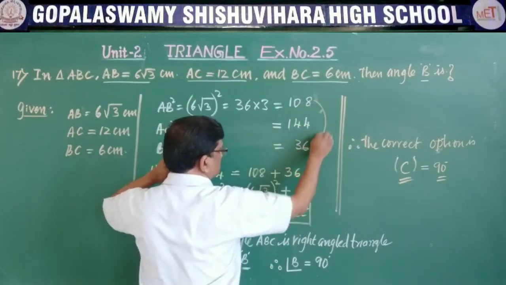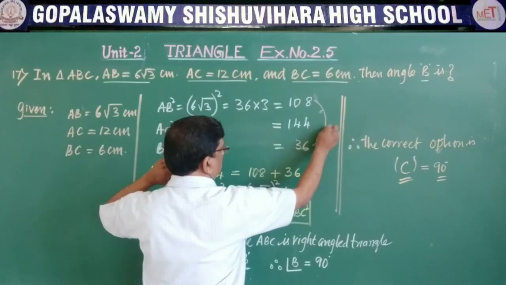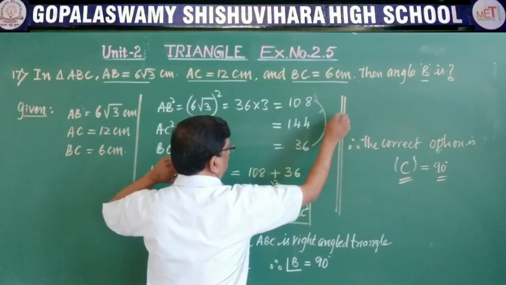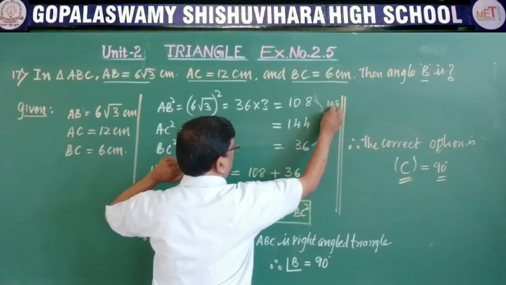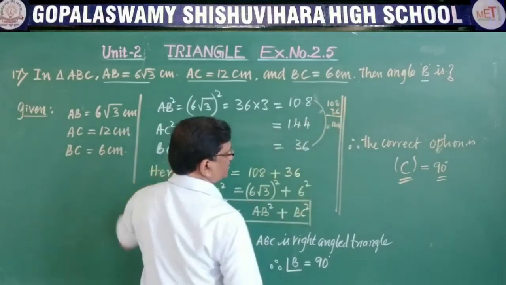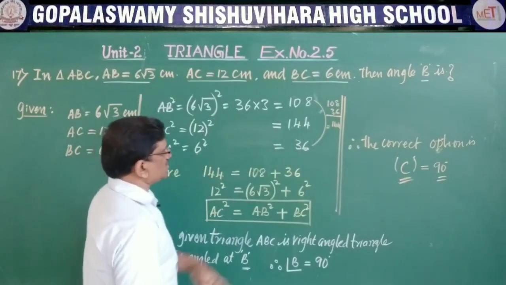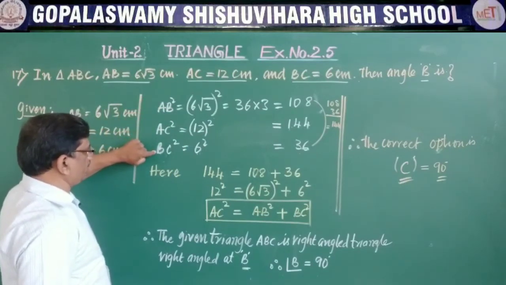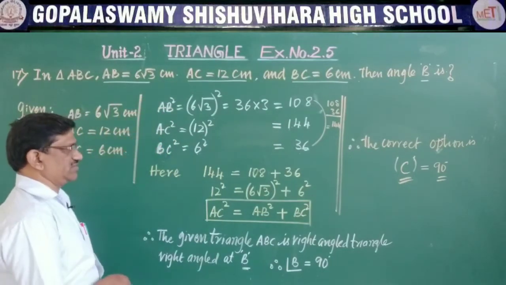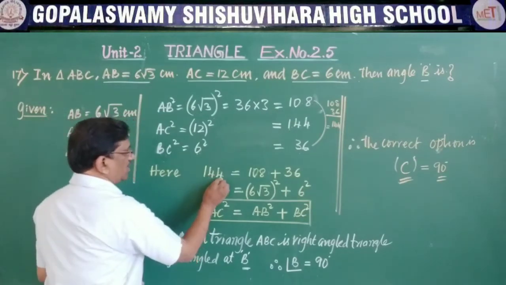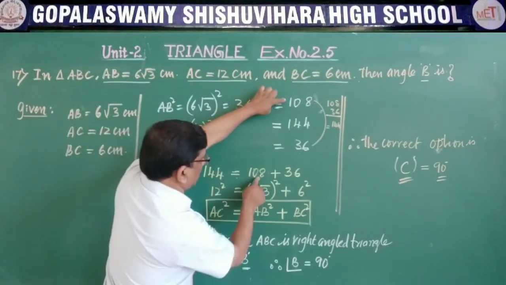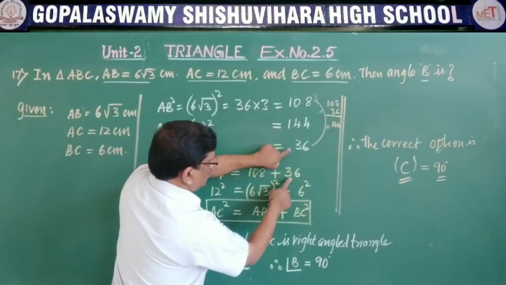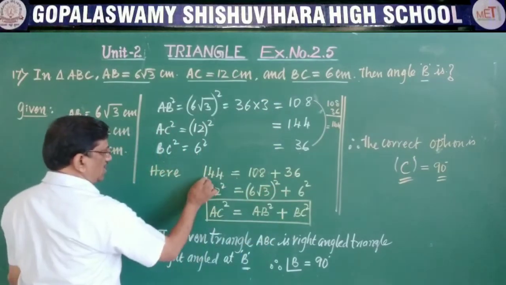And if you take the sum of these two, that is 108 plus 36, it gives 144, isn't it? That means the sum of AB square plus BC square is equal to AC square. That means 144 is equal to 108 plus 36.